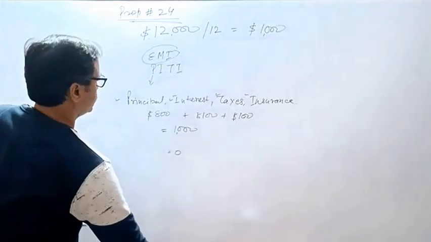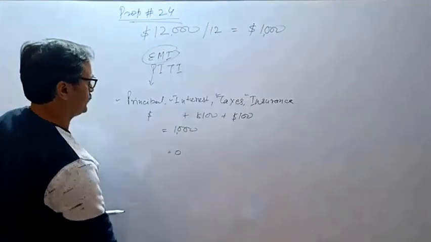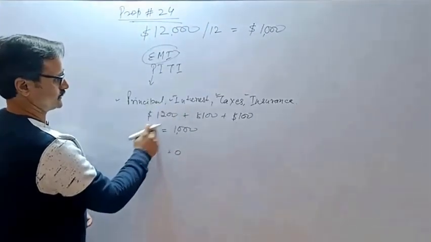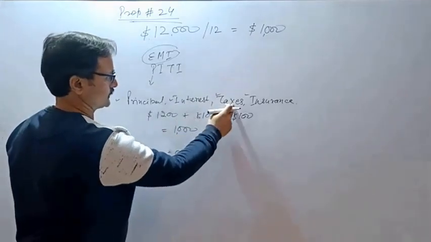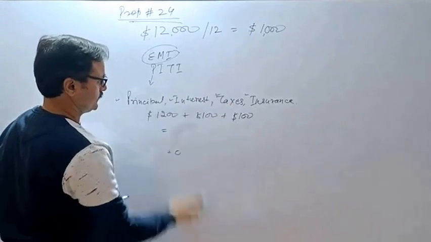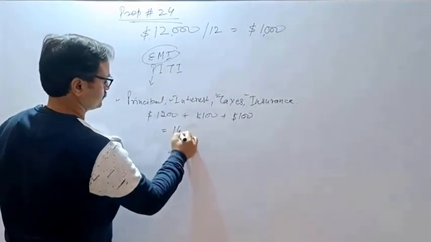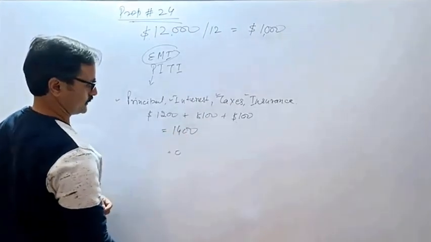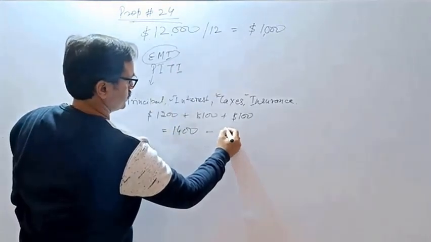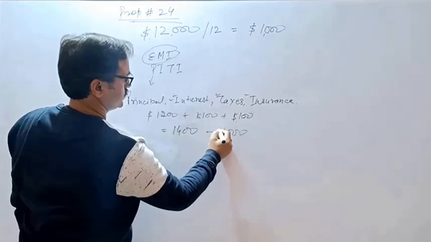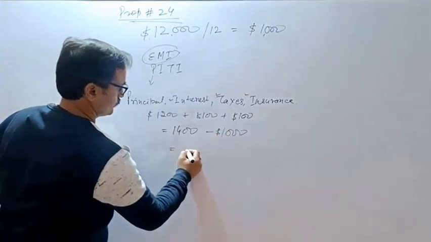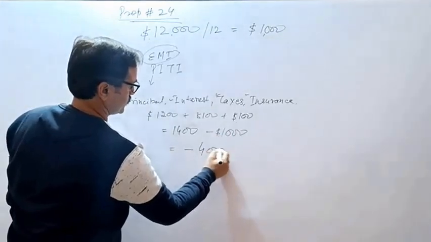But if, let's say, the borrower is paying 1,200 as principal and interest, plus 100 as taxes, 100 as insurance, it becomes almost 1,400. Total expenses per month is 1,400. Now 1,400 minus the 1,000 rental income is minus 400 per month.